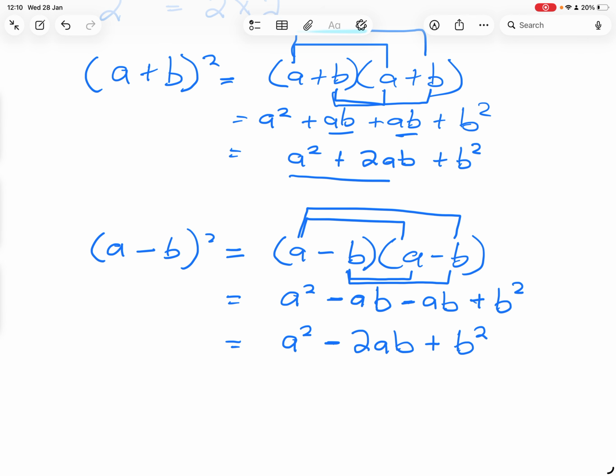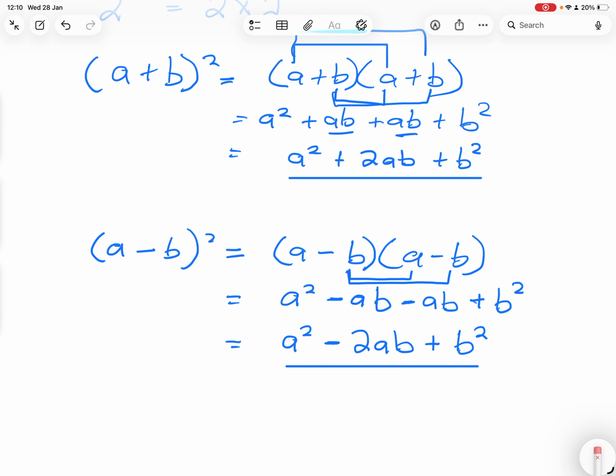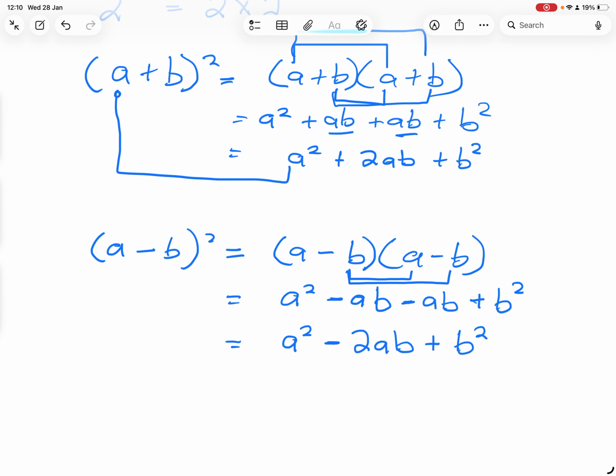I want you to note the similarity between the two. To summarize what actually happened, when we squared, let's look at the first one. It looks like we took a squared. And look at the middle term.